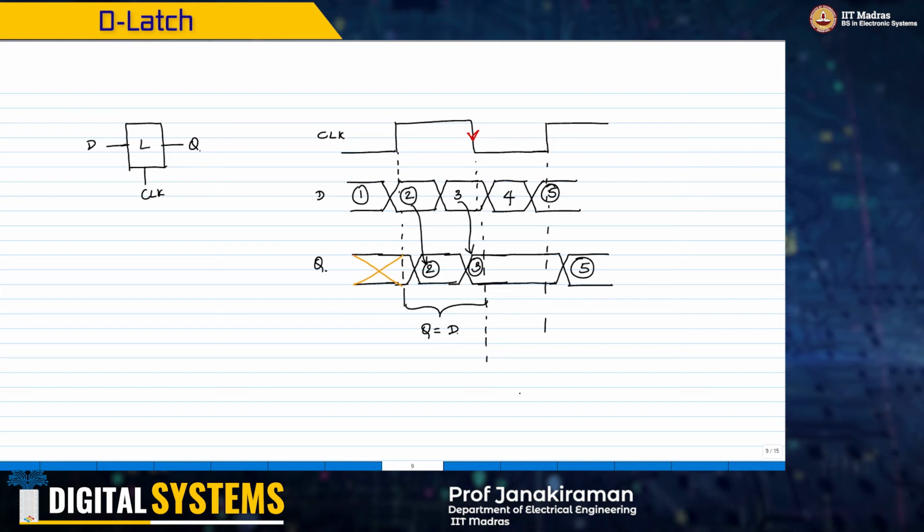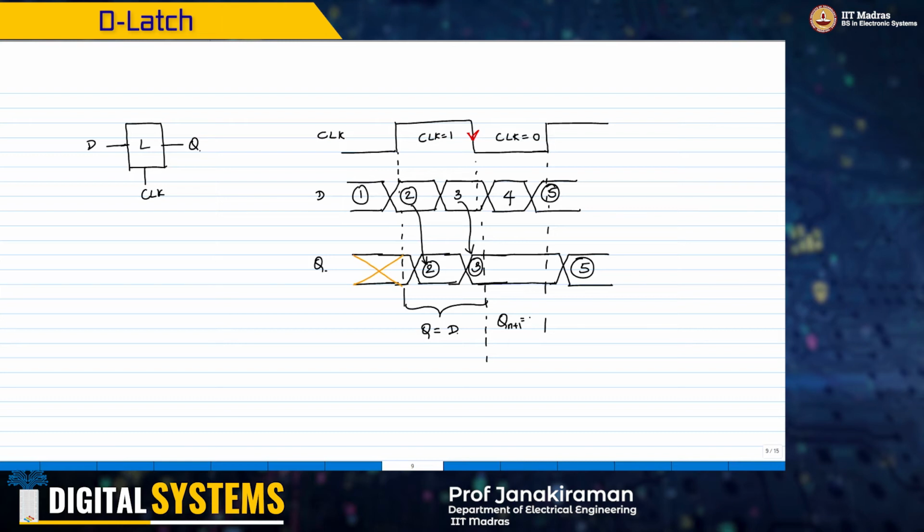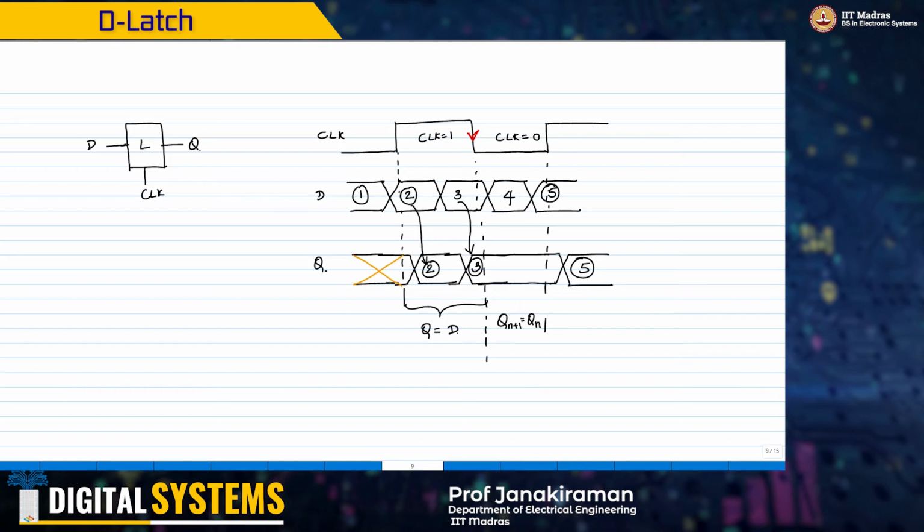On the other hand, this is for clock equal to 1, this is clock equal to 0. When the clock is 0, what we want is the Q to be the same state as what was sampled earlier. So we want Q at time n plus 1 to be equal to Q at n. We want the same state that was there previously to be held as it is. This is the simplest thing.